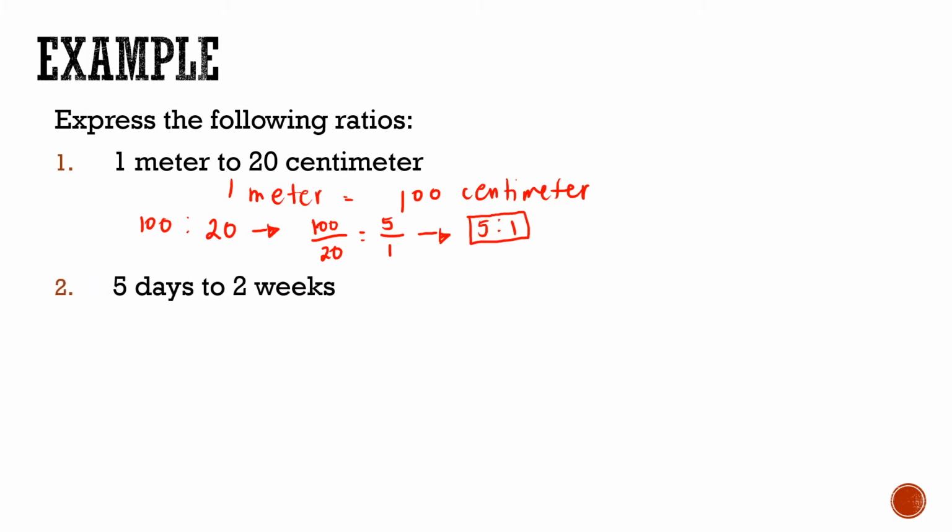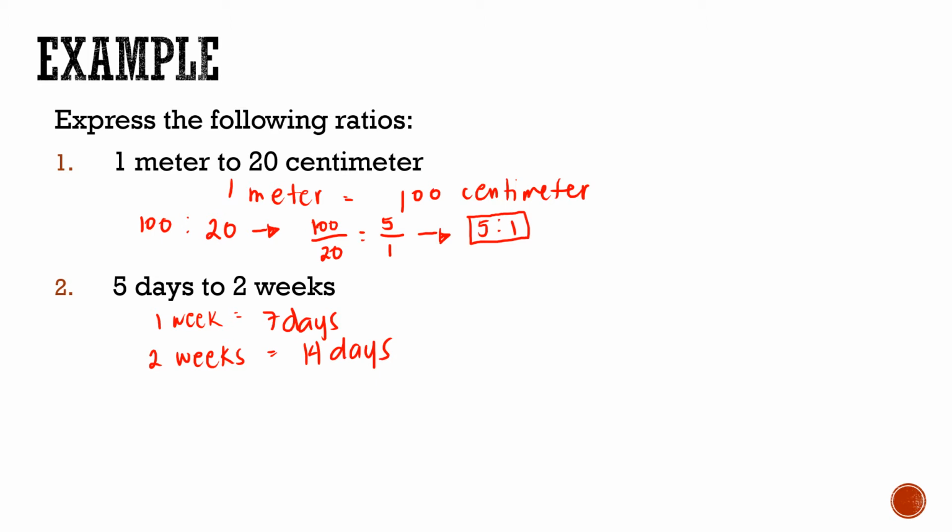Next, 5 days to 2 weeks. Since weeks is a bigger unit than days, we'll be converting weeks into days. For every 1 week, we have 7 days. Therefore, if we have 2 weeks, we have 14 days.